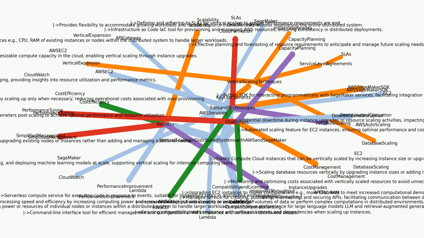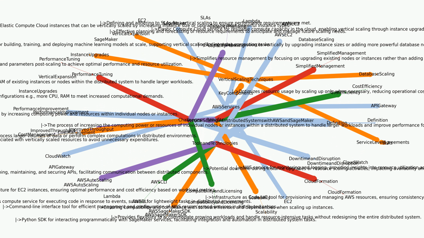CloudFormation, an infrastructure as code (IaC) tool for provisioning and managing AWS resources, ensuring consistency in distributed deployments. AWS Auto Scaling, an automated scaling feature for EC2 instances, ensuring optimal performance and cost efficiency based on workload metrics.